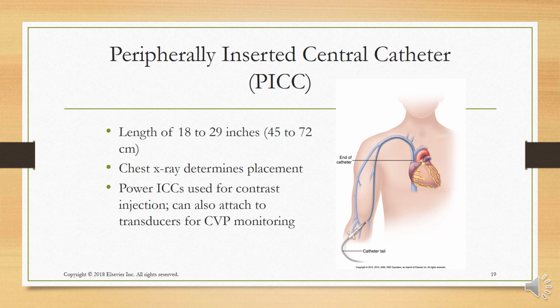So if you have one of those power injectables that you need to do for contrast, you really need a central line. And for any kind of central line, you can also attach a transducer for central venous pressure monitoring, which is very helpful, especially in the ICU.